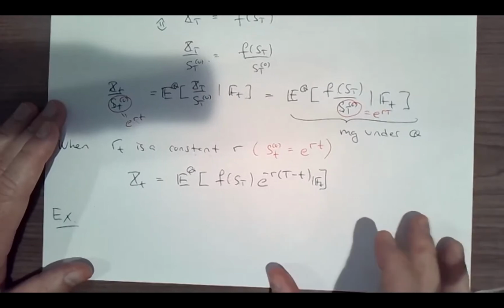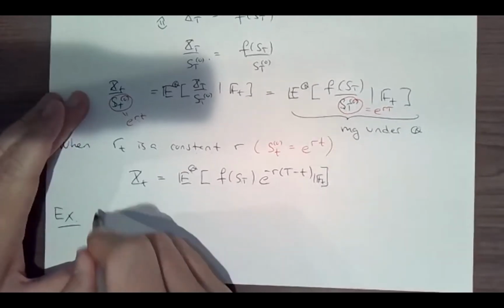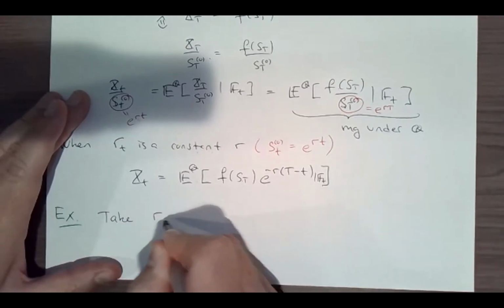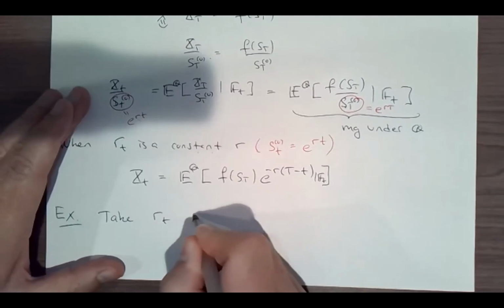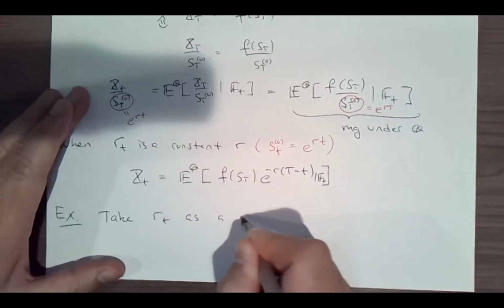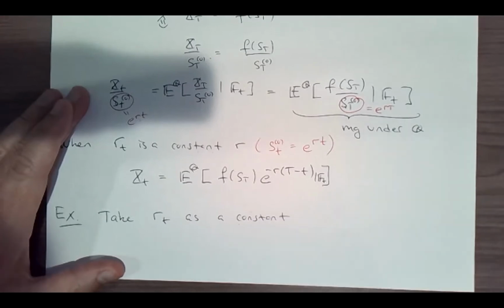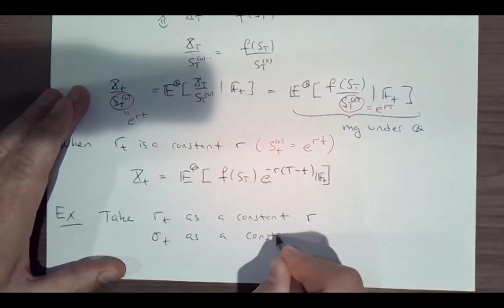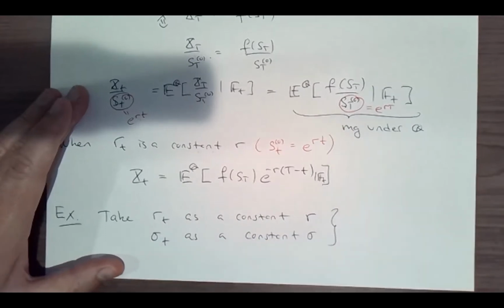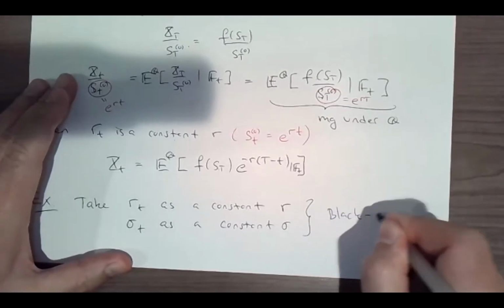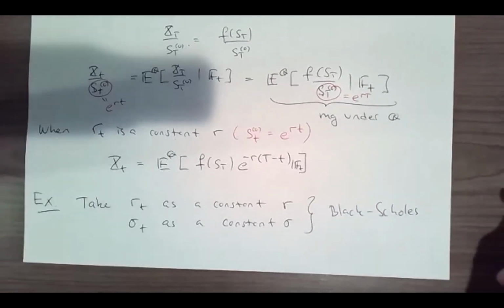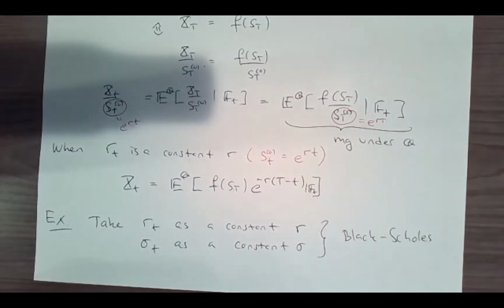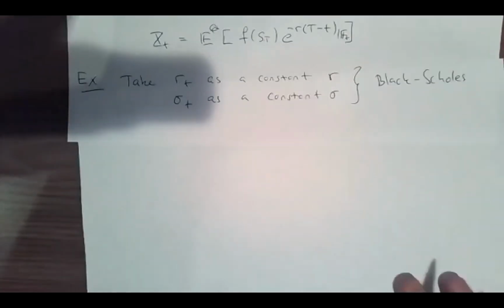If you want to get a PDE, say in Black-Scholes, take R to be a constant and take sigma t as a constant sigma. These two things combined, this is Black-Scholes. So let's put ourselves into the Black-Scholes framework. That means R is a constant and sigma is a constant.